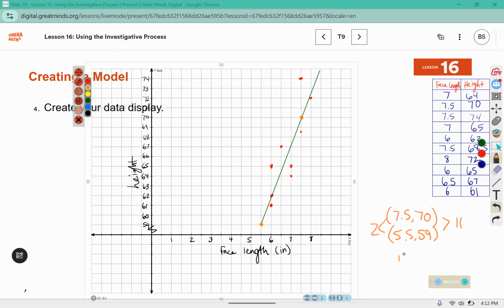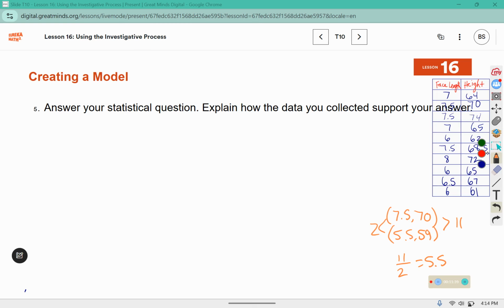So our slope is still going to be 5.5. So my question was, is it typically a value of a ratio of 10? And it did not come out that way.